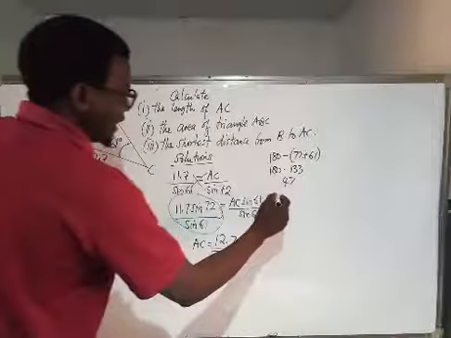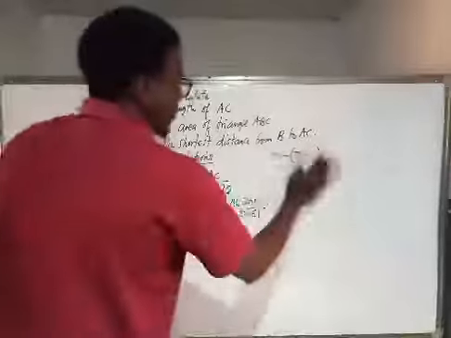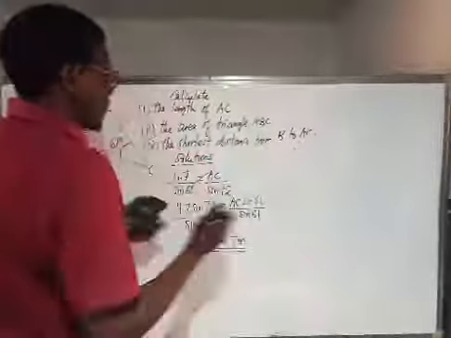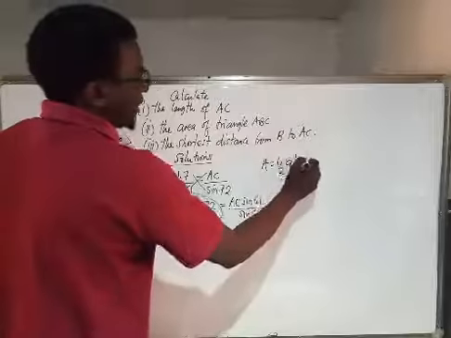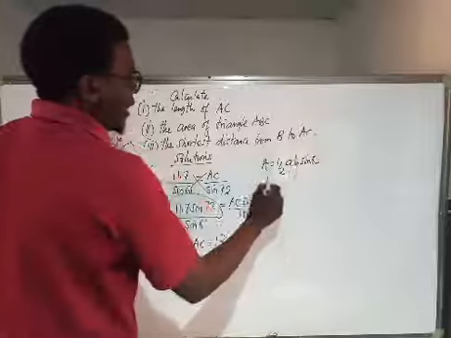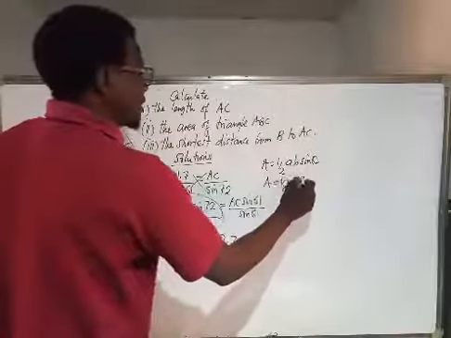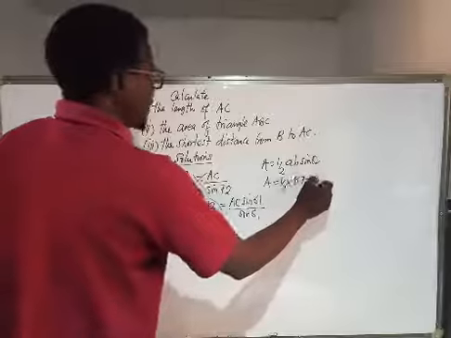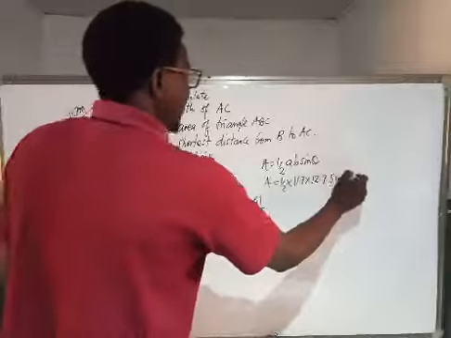So our area will therefore be: area is equal to half, side A, side B, sine theta. Our area is going to be half, the two sides are 11.7 times 12.7, sine 47.